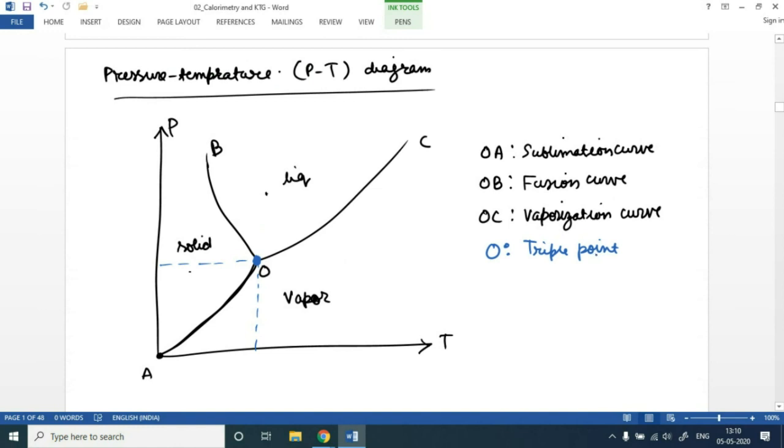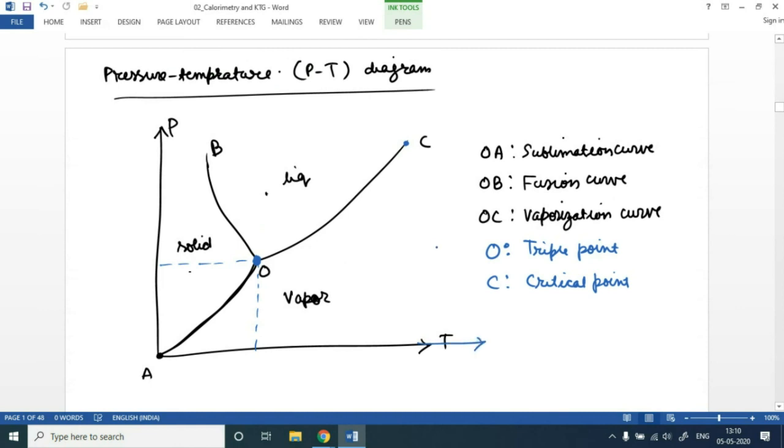Now another important point, this C, is known as the critical point. The critical point is defined as, for example, a substance cannot exist in liquid state at a temperature greater than the critical temperature. Let's have a larger scale.